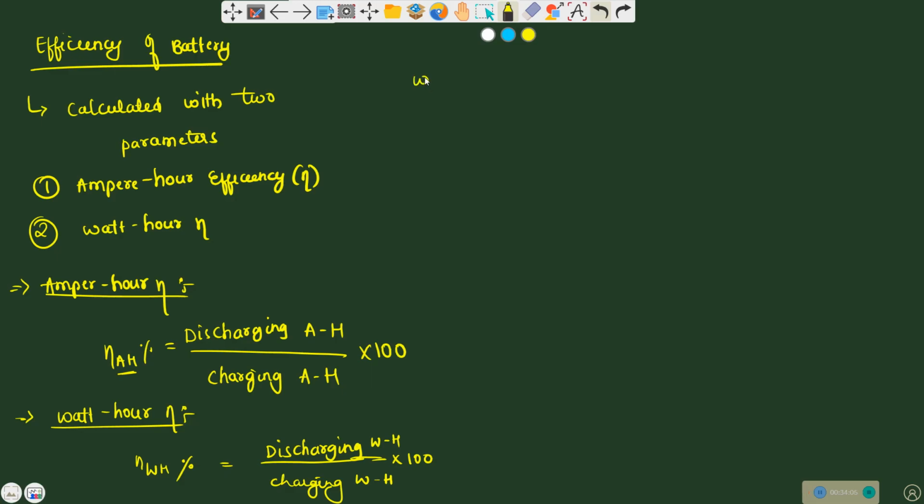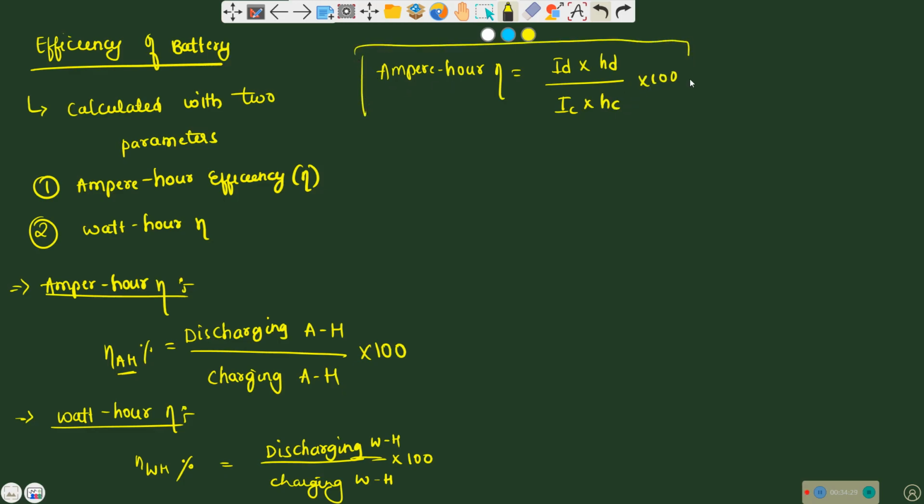So here we can write ampere hour efficiency equals ID into HD divided by IC into HC into 100.